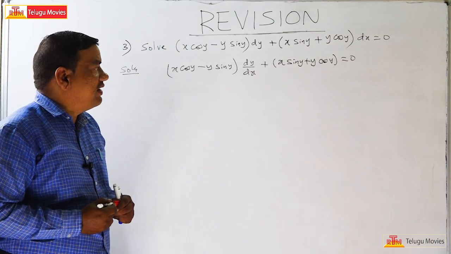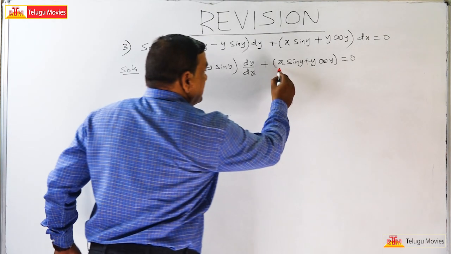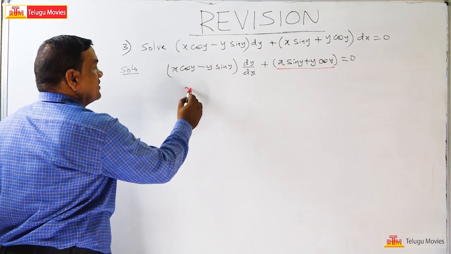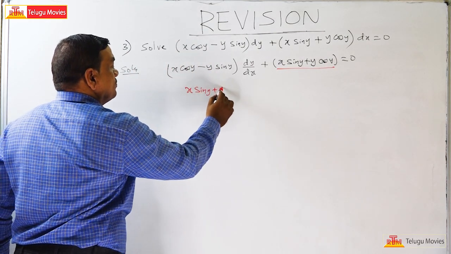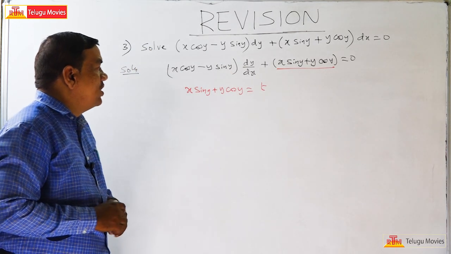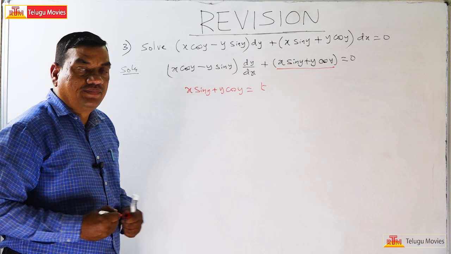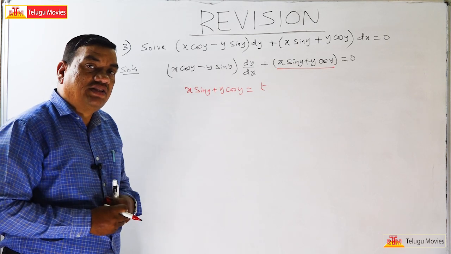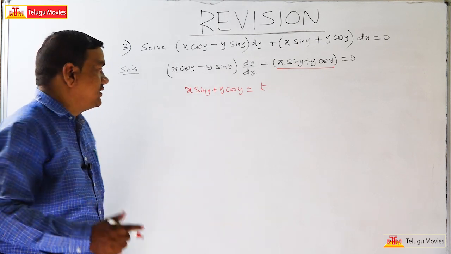So, I have made it a dy by dx. Let us substitute x sin y plus y cos y is equal to t. Differentiate this with respect to x on both sides. Right.